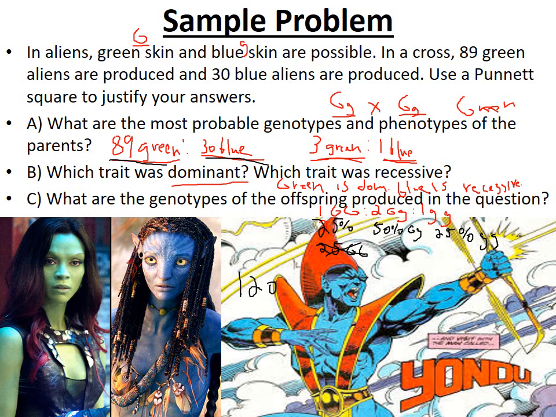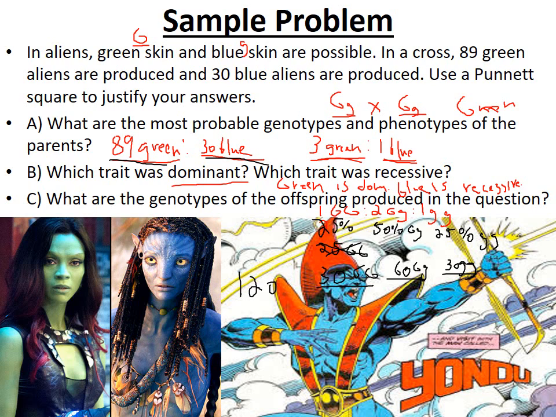And you need 25% of 120, which would be about 30. 30 are big G, big G. 50% of 120 would be 60 big G, little g. And then 25% again, 30 little g, little g. So when you add those up, you get 30 plus 60 plus 30, that's 120.